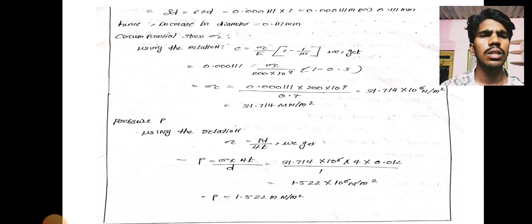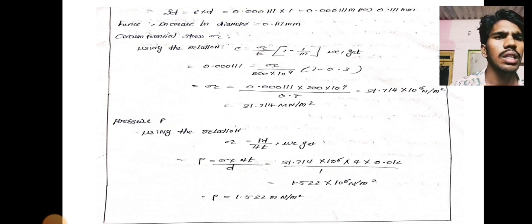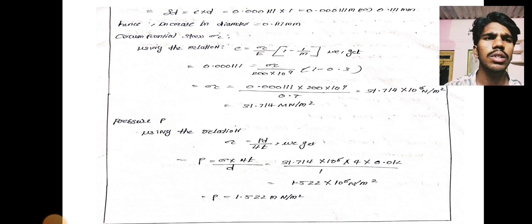By this calculation we get the circumferential stress, 31.314 into 10 to the power of 6 Newton per meter square. Converting into mega Newton, it is 31.314 mega Newton per meter square.